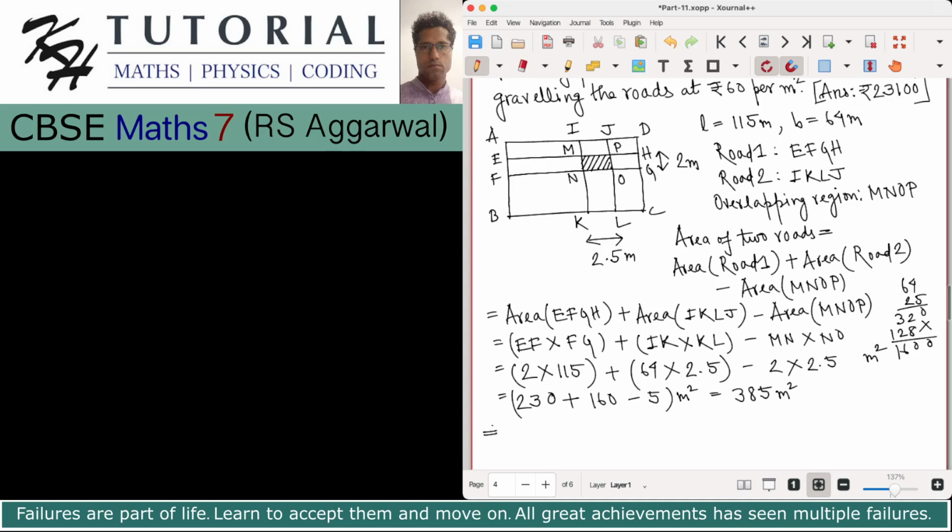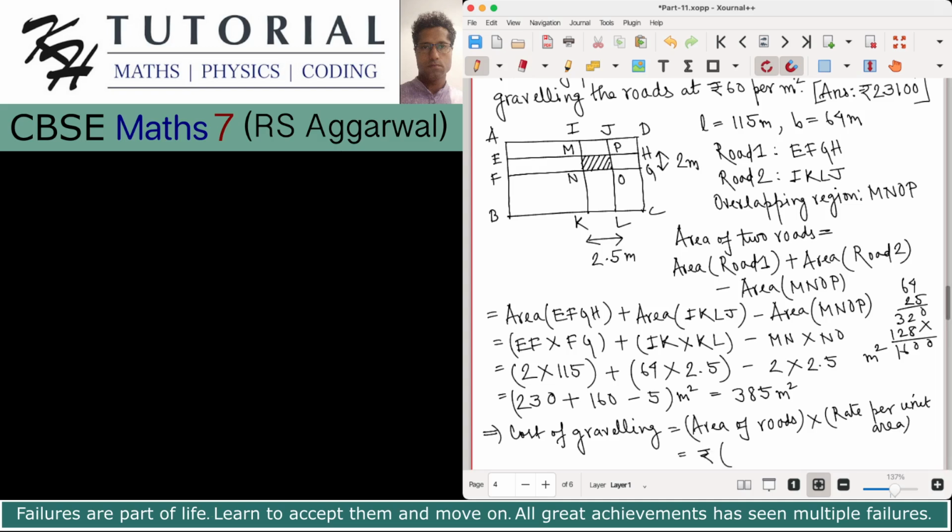Therefore, the cost of graveling will be the area of roads multiplied by the rate per unit area, which will be equal to rupees.